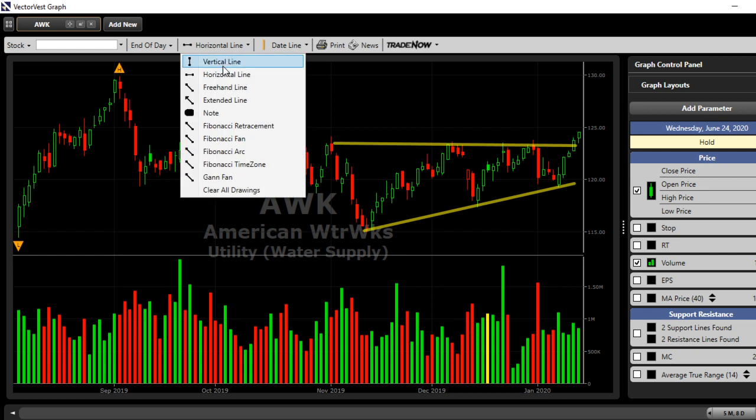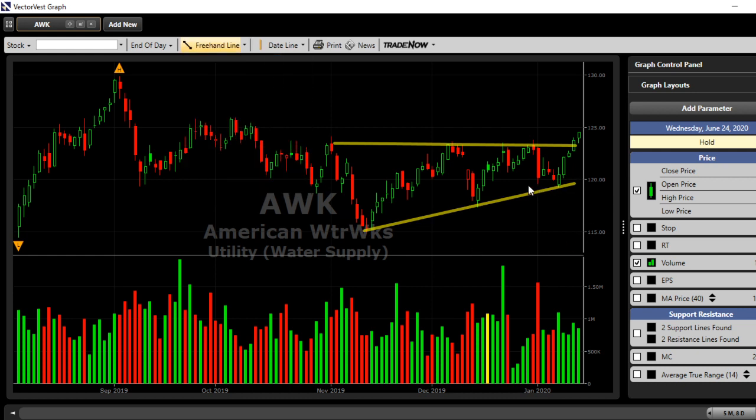Where do you set your initial stop? Well, with an ascending triangle, it's the low of the last reversal off of that lower trend line. Where's your measured move? It's basically the width of the triangle.